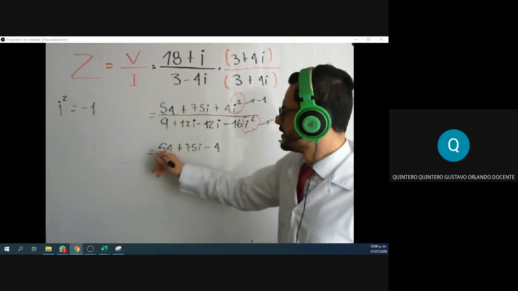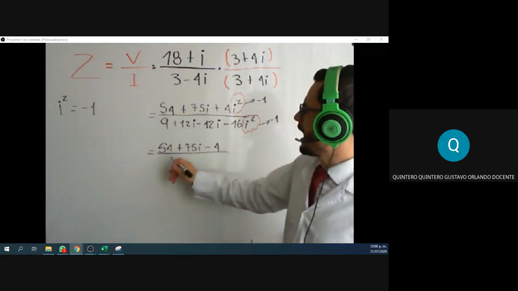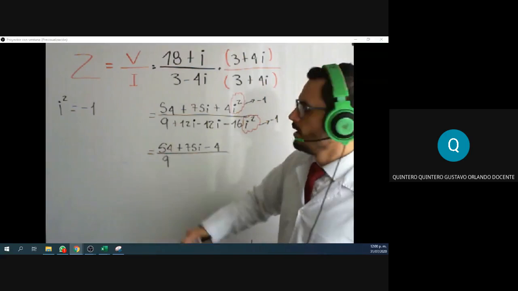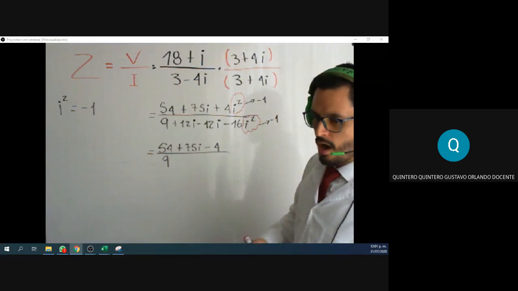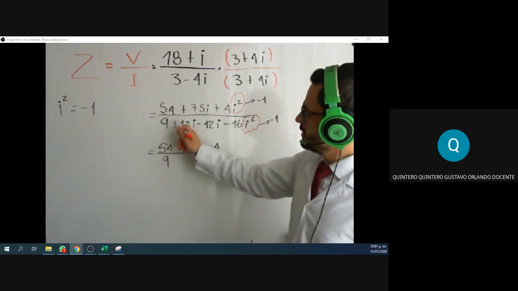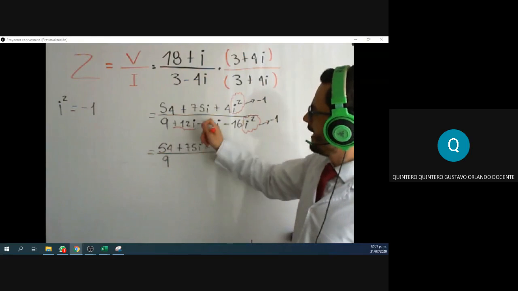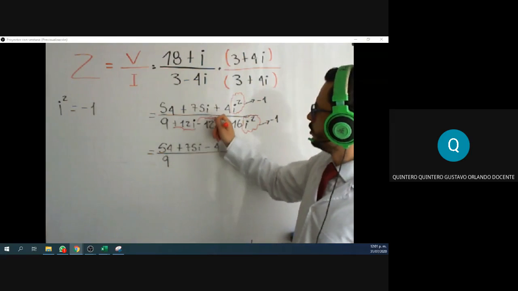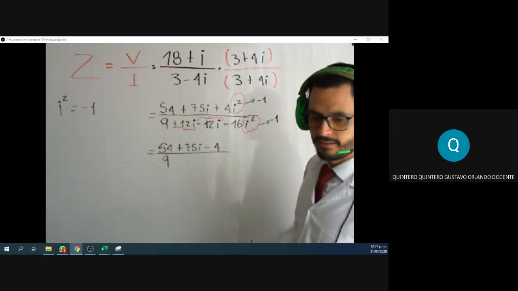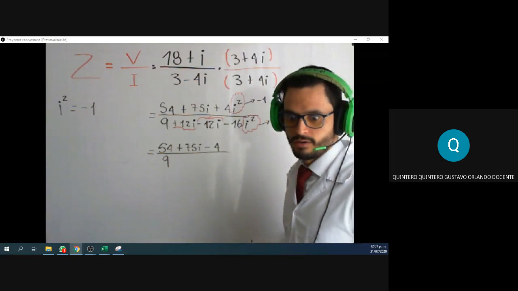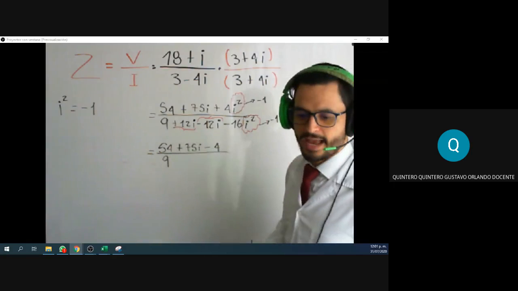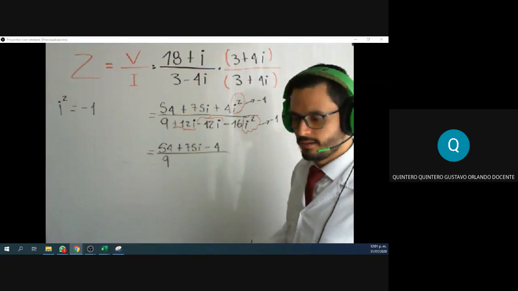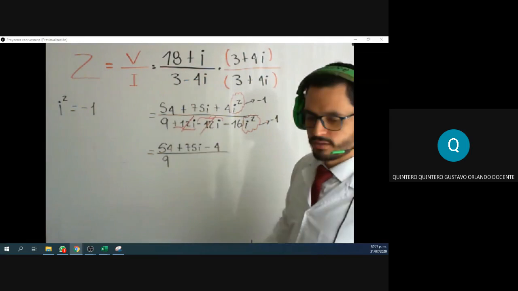Let's do the same down in the denominator. We have 9, but look at these guys: positive 12i and negative 12i. Those are the same value, but one is positive and the other is negative. We can cancel those.